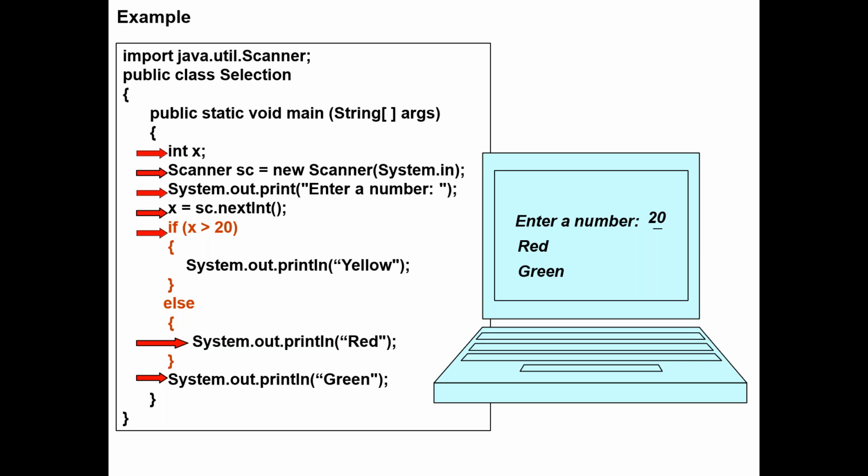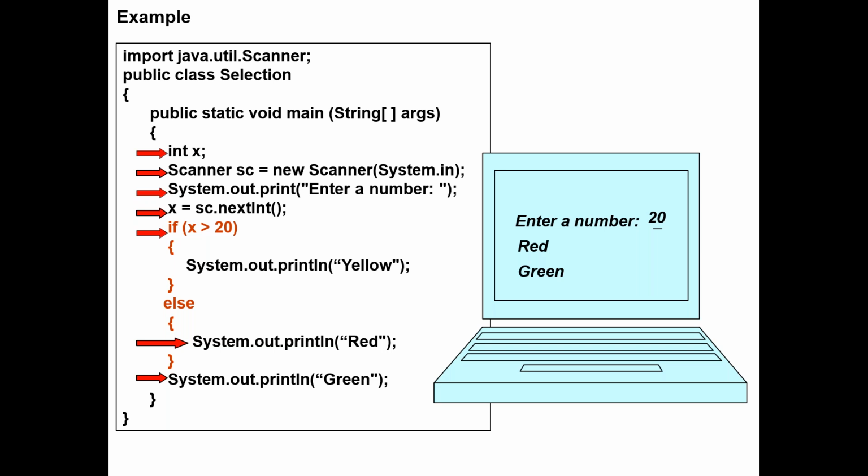From this example, we have our integer variable declared as x. Then we declare a scanner, which allows us to enter input from our keyboard. Then we have System.out.print, where we give a string, which is "enter a number".